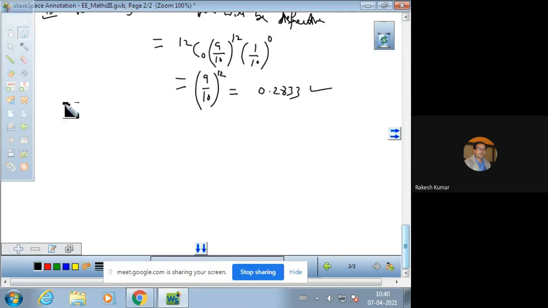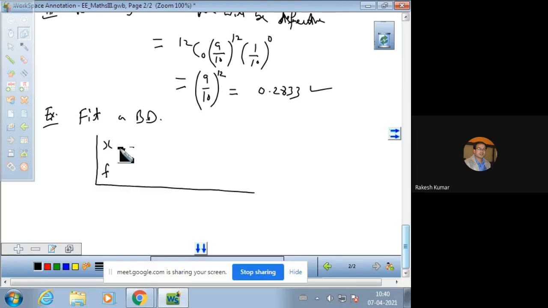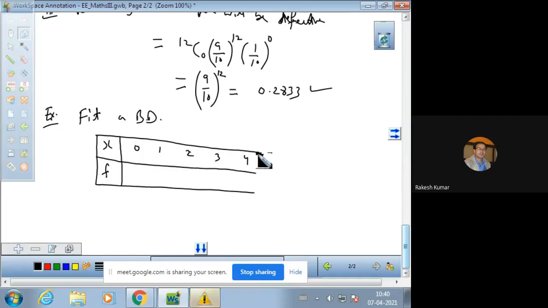One more important example is there, and this is an example of fitting a binomial distribution. Fit a binomial distribution to the following data and compare the theoretical frequencies with the actual ones. Just note down the values. The values of the x variate are 0, 1, 2, 3, and 4.